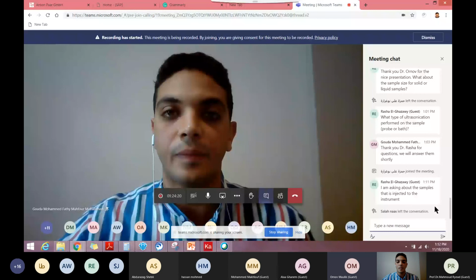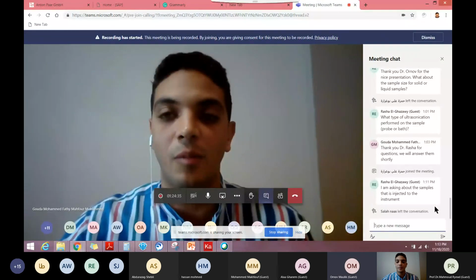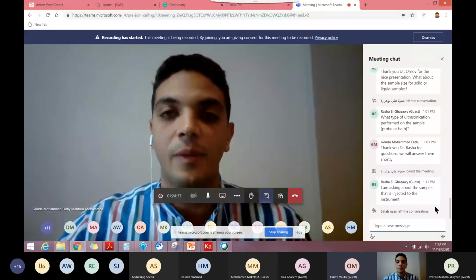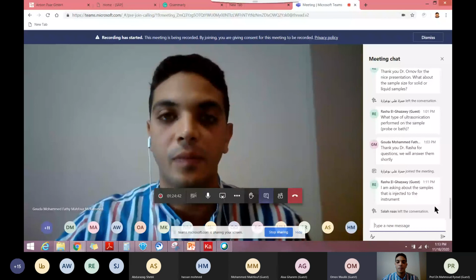Yes, she's talking about the samples injected into the instruments. This explanation is related to the first question, which type of sample, solid or liquid. For laser diffraction, you can inject solid as well as liquid samples. Both types of measurements are possible. You can measure in a dry mode or liquid mode.